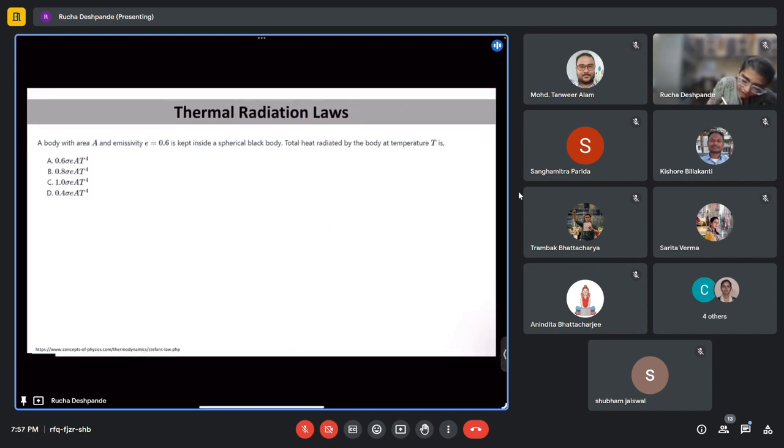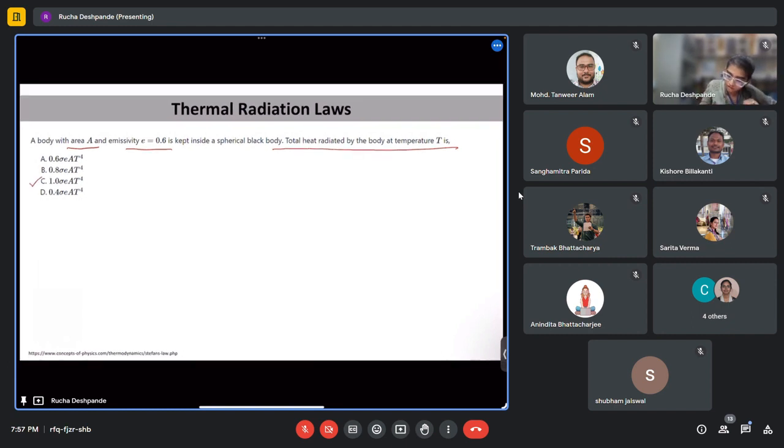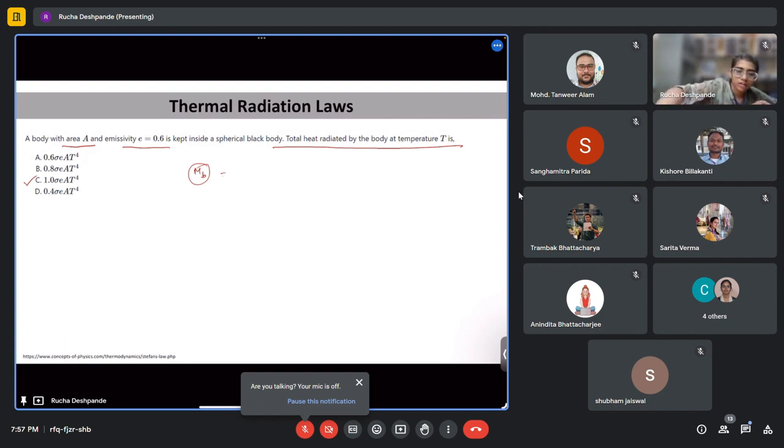So a body with area A and emissivity 0.6 is kept inside a spherical black body. The total heat radiated by the body at temperature T would be given by, so this would be C. So here, when we calculate MB, this is the total energy radiated per unit area.